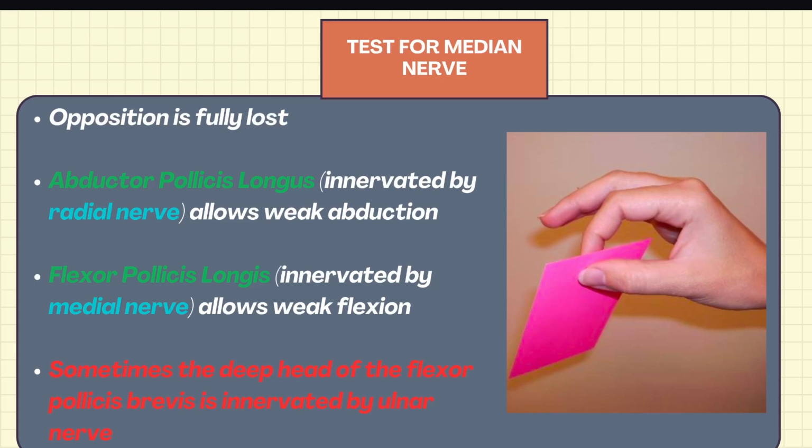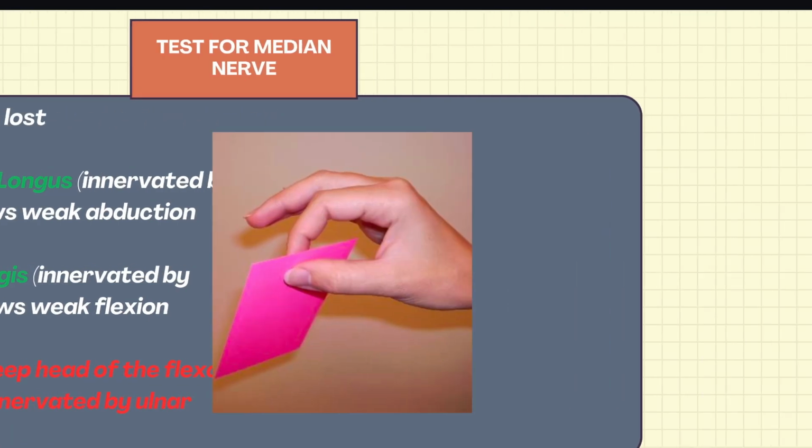Because these movements can also be done by other muscles, such as the abductor pollicis longus, which is innervated by the radial nerve, and it allows for weak abduction. And you'll also have the flexor pollicis longus, which is innervated by the median nerve. However, it's innervated by the proximal part of the median nerve and not the distal part. Now, sometimes the deep head of the flexor pollicis brevis is innervated by the ulnar nerve. However, I don't think that's really important to know.